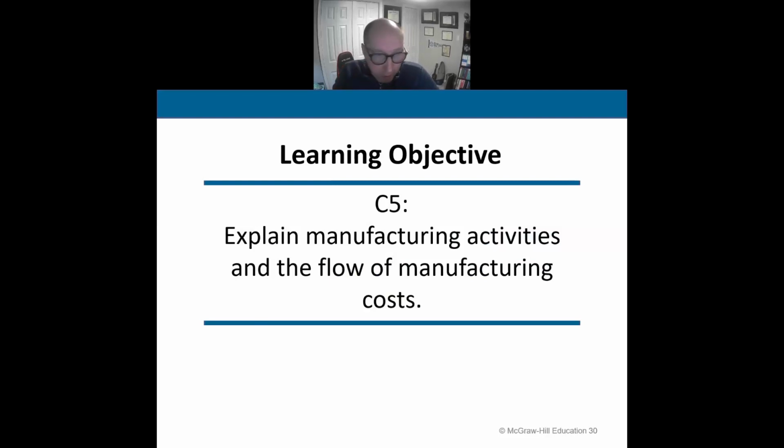As we've seen through my example of the auto manufacturer, the physical flow of the manufacturing process follows the flow of cost. We see how the cost is associated with each step of the process.